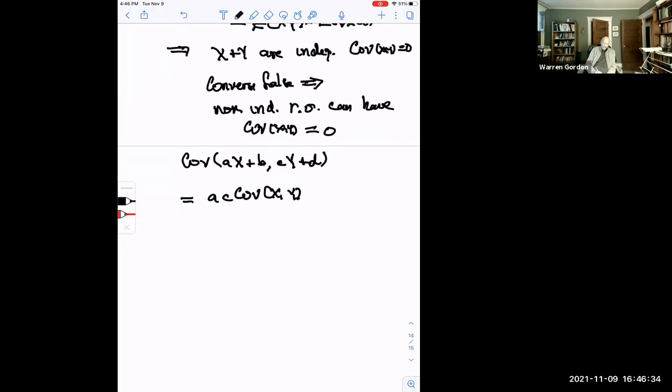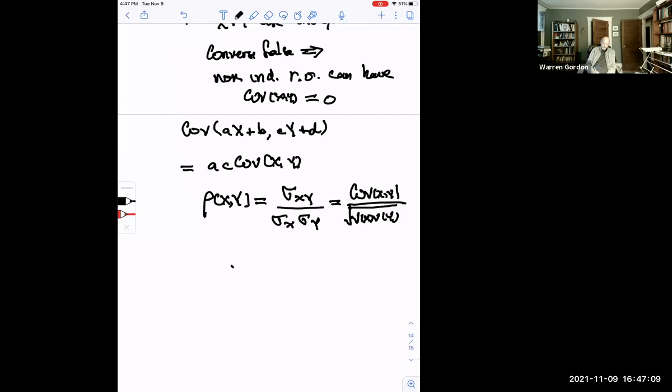We define the correlation coefficient. Well, we prove that the correlation coefficient, which is a convenient formulation, or if you like to write it this way, is the covariance over the square root of the variance of X times the variance of Y. We know the correlation coefficient is always a number between -1 and 1.